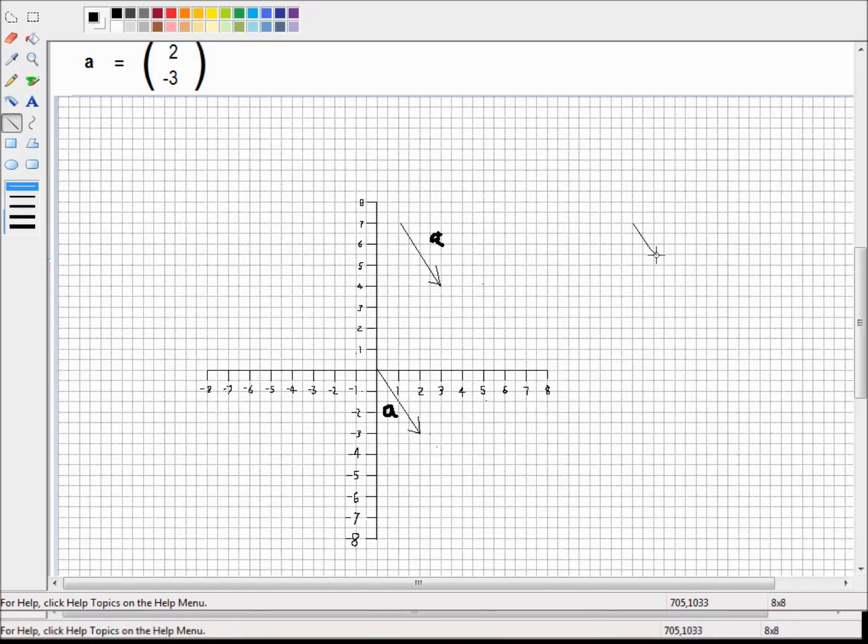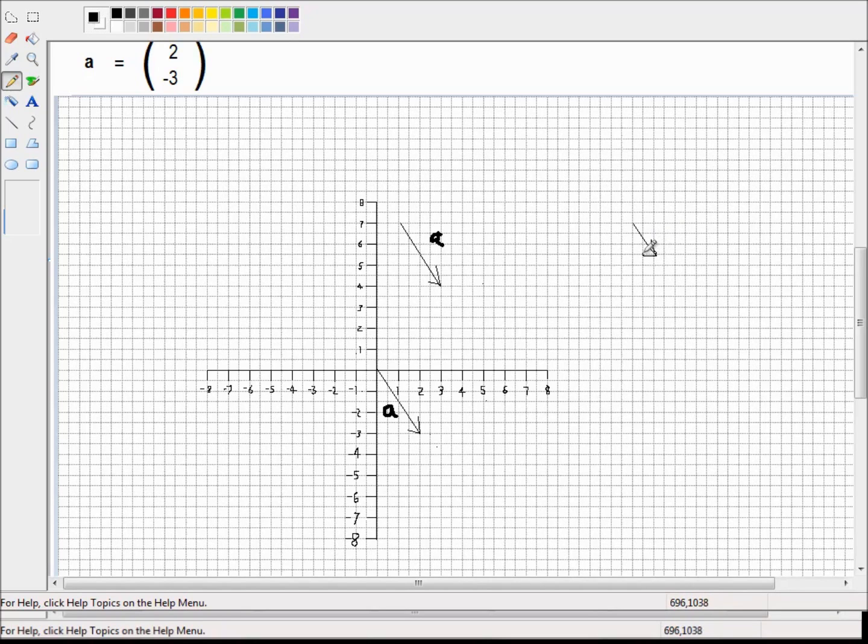So that's 1, 2, 3 down. I think that's 3 down. Let's get the pencil. That's 1, 2 across, and 1, 2, 3 down. That's right.